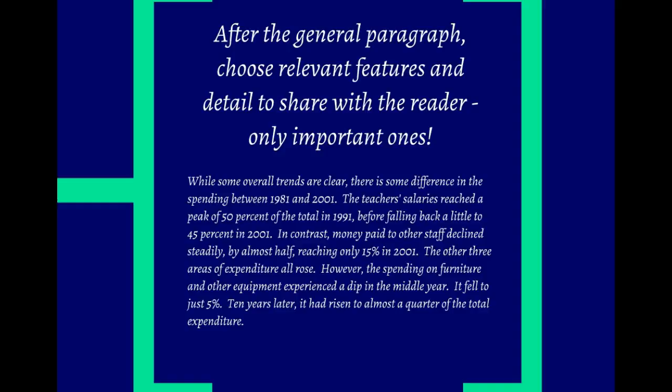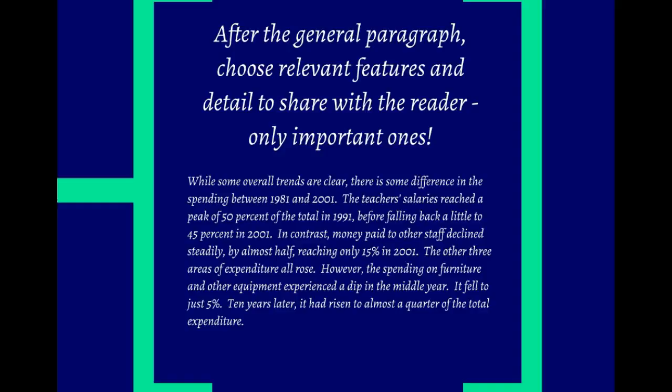The other 3 areas of expenditure all rose. However, the spending on furniture and other equipment experienced a dip in the middle year. It fell to just 5%. 10 years later, it had risen to almost a quarter of the total expenditure.